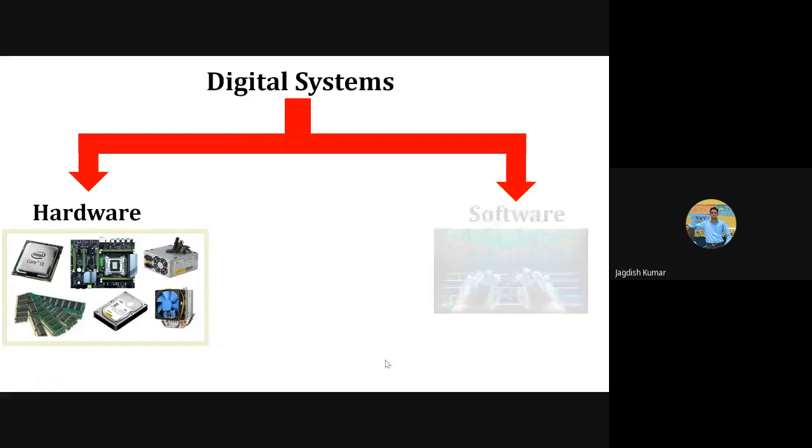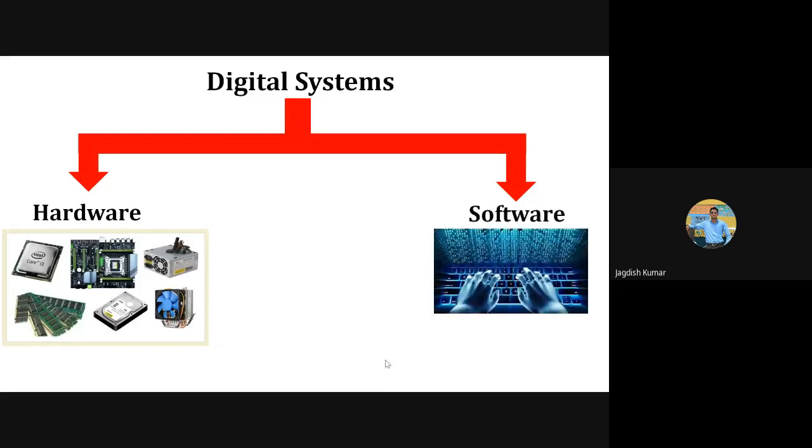And the second component of the digital systems is the software. So basically, the software component is the programming part. I mean, how to convert those zeros and ones into the signals of our interest, or the signals which we can interpret. For example, if I click a photograph with the help of my camera, the signal is an analog signal. Your camera is receiving the light, and you click, and then that light has to be converted into zeros and ones.